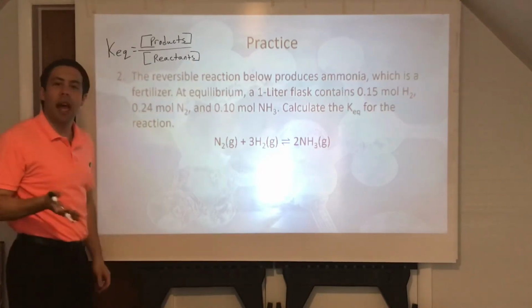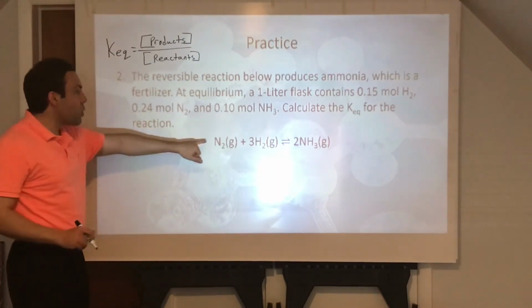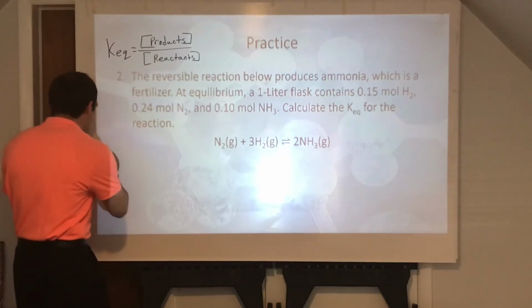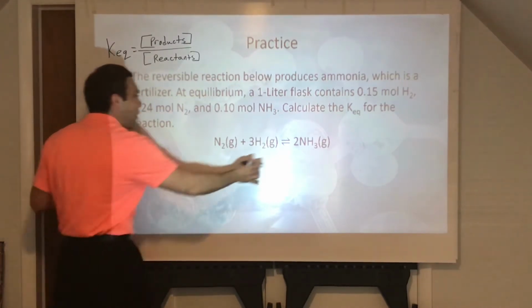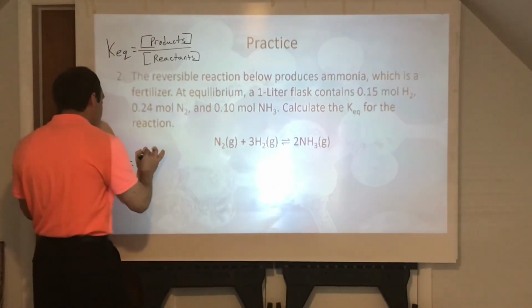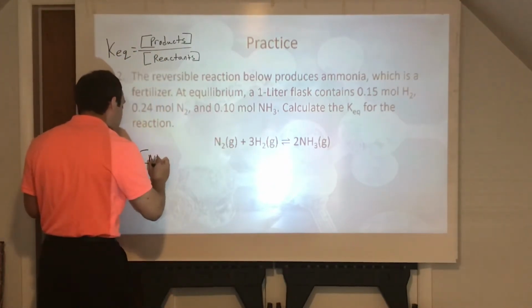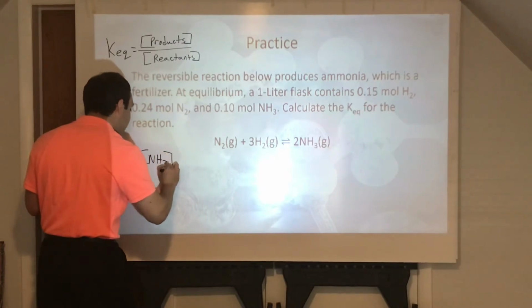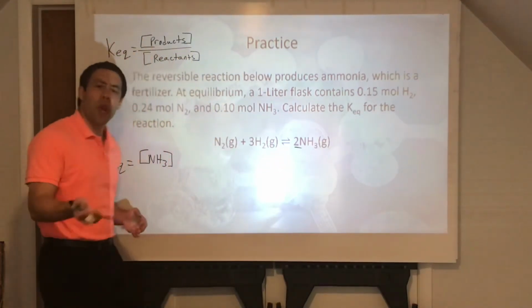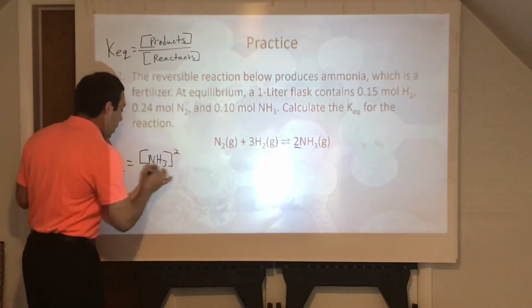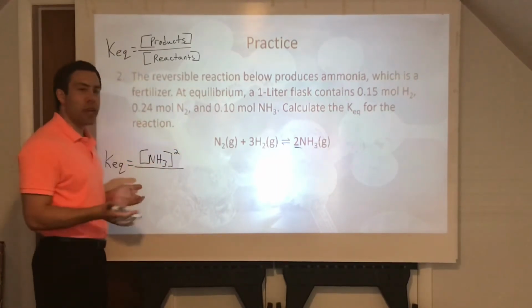The brackets mean concentration. So when we rewrite this equation, KEQ, we have our products, our NH3. We look to see if there's any coefficients. There are, so we're going to raise that to the second power, divided by our reactants.